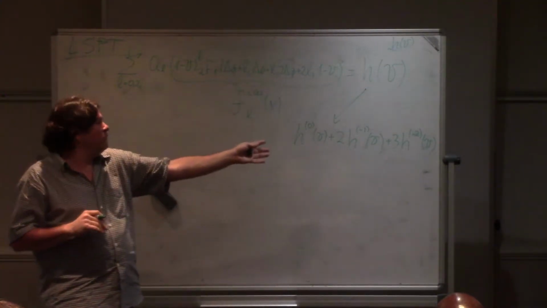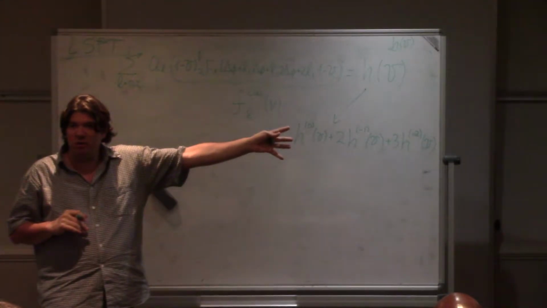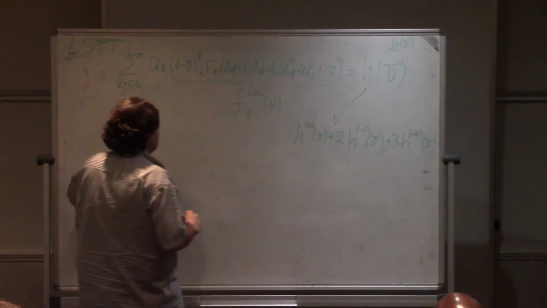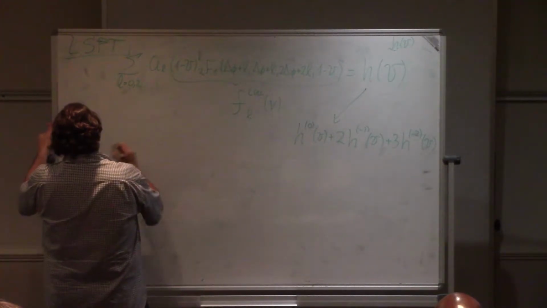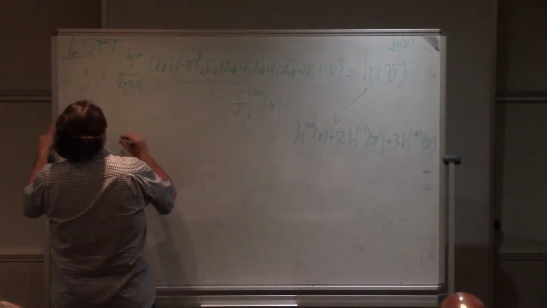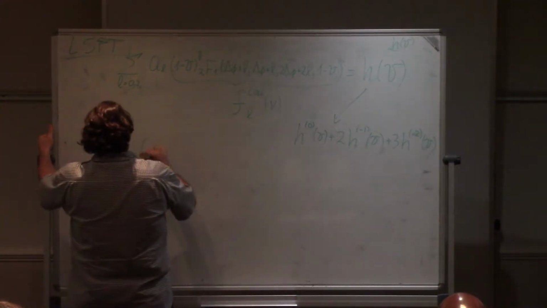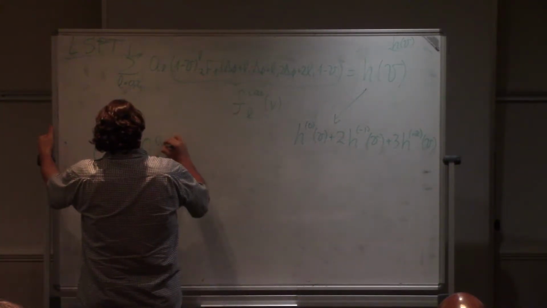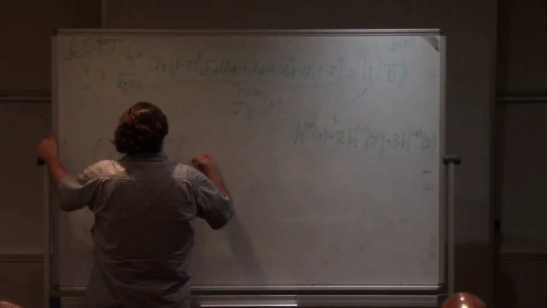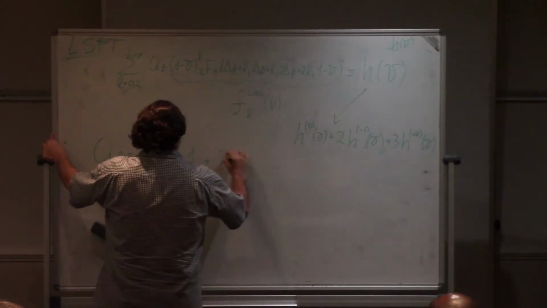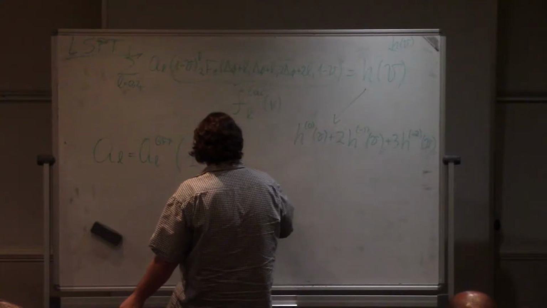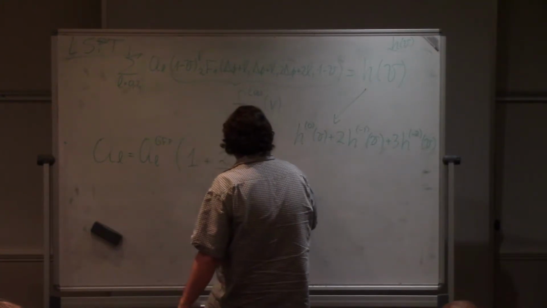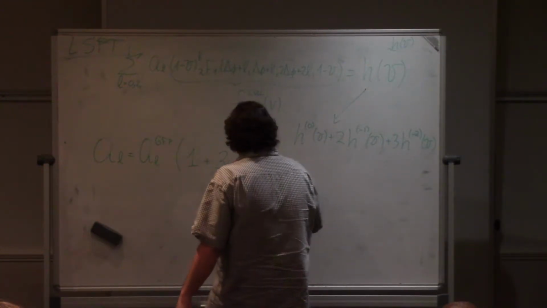It will be some linear combination of the functions I know. And then, once I do that, I can immediately tell you that A_L is equal to A_L generalized free fields times (1 plus 2 divided by j squared plus 3 divided by j to the 4).